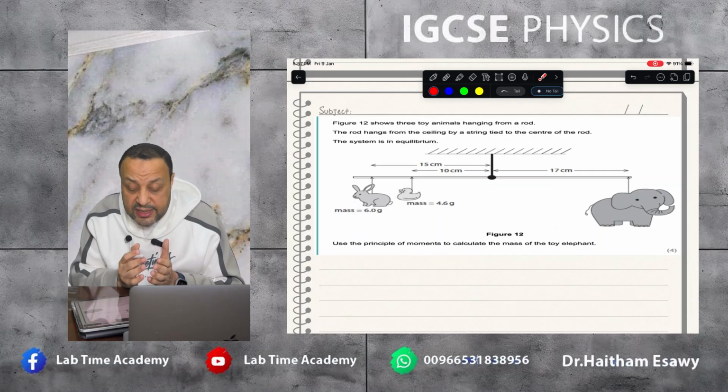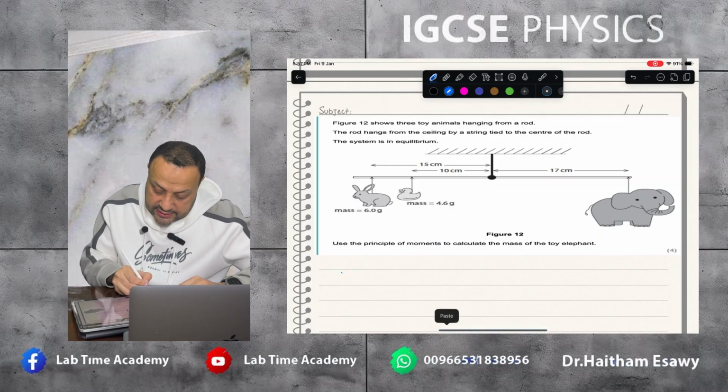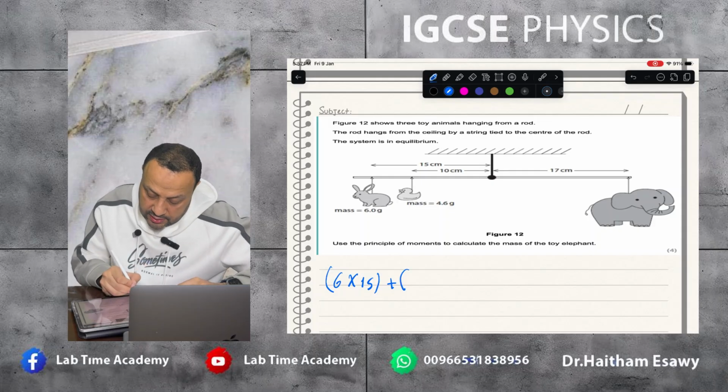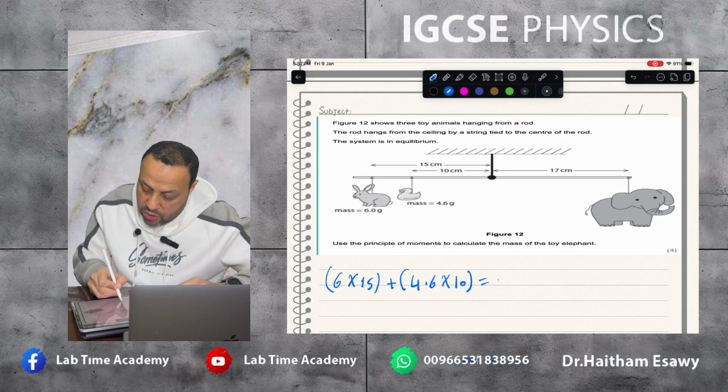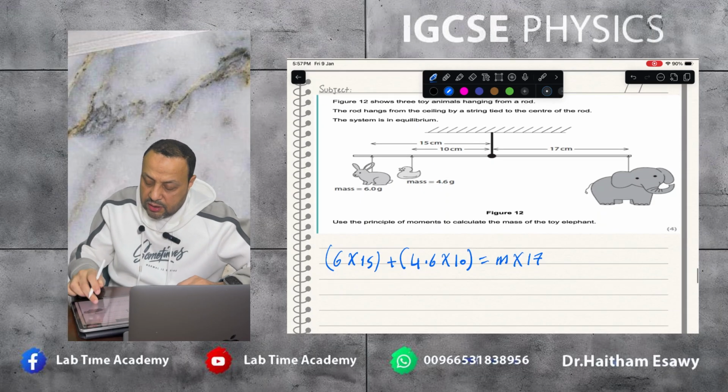So it's too easy. So now here we can say that 6 times its distance, which is 15 centimeter, plus bracket 4.6 times 10 centimeter equal the mass of the elephant times its distance, which will be 17 centimeter.